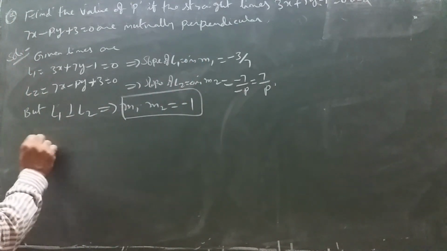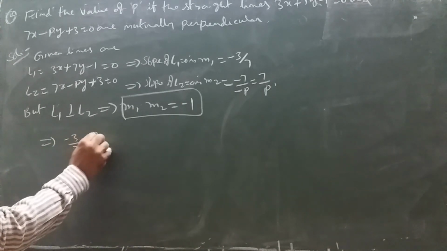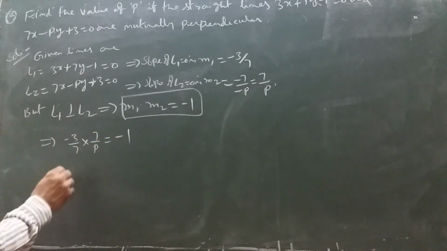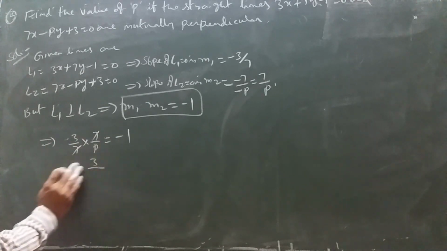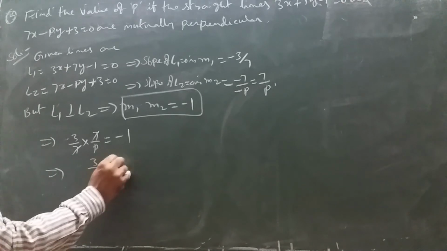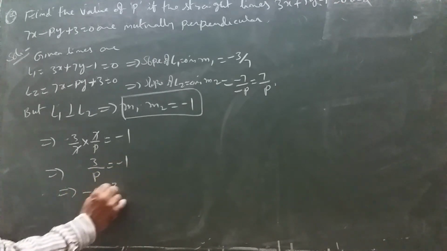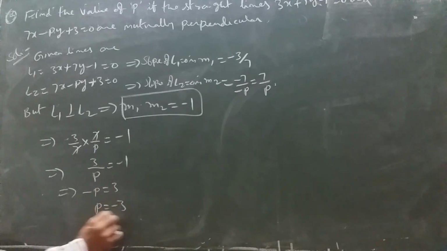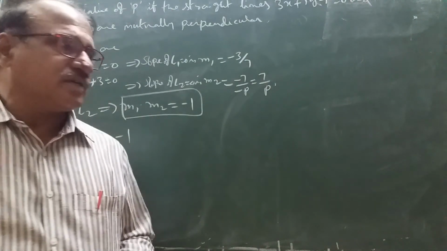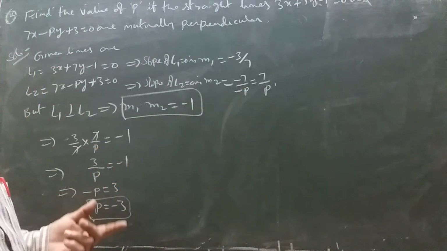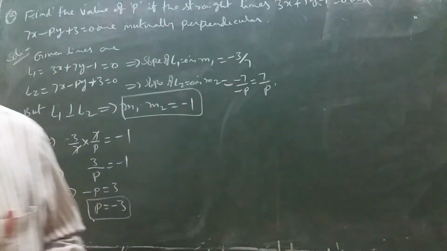That implies m1 is minus 3 by 7 into m2 is 7 by p is equal to minus 1. 7 gets cancelled, minus gets cancelled, that implies 3 by p is equal to minus 1, that implies by cross multiplication minus p is equal to 3, that implies p is equal to minus 3. In this way we can solve it. Or a1 a2 plus b1 b2 is equal to 0. By using that condition also we can find the value of p.